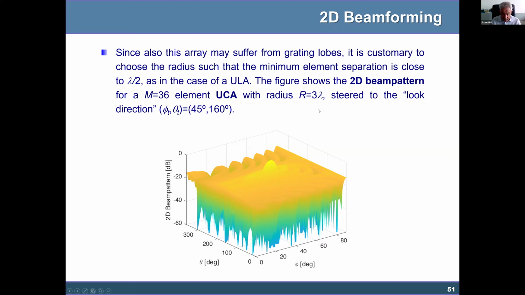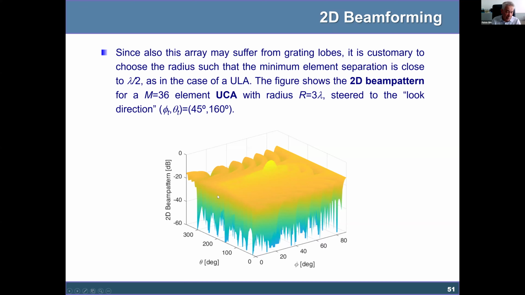This is the value of the radius that, if the array has 36 elements, guarantees that the Nyquist criterion is satisfied. If you look at the two-dimensional beam pattern, φ is the elevation, θ is the azimuth, you see basically the main lobe at the right position, because you have 45 degrees elevation and 160 azimuth.